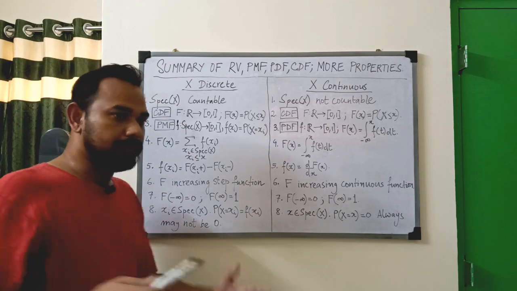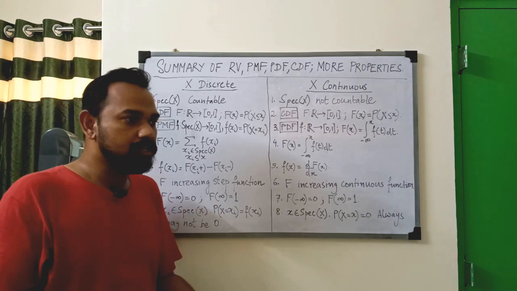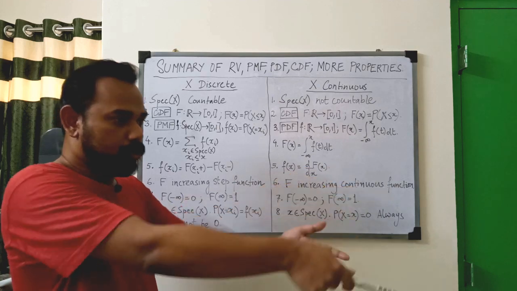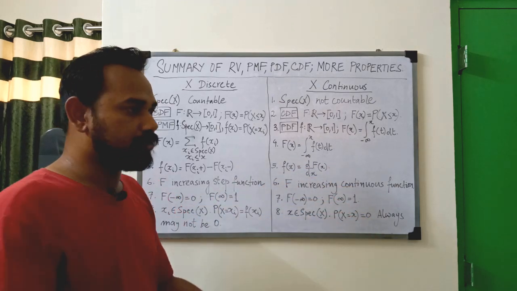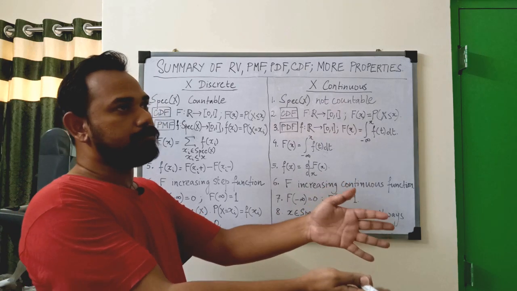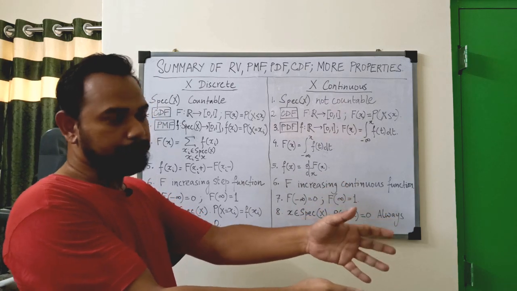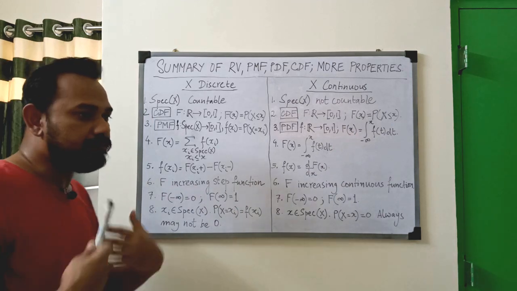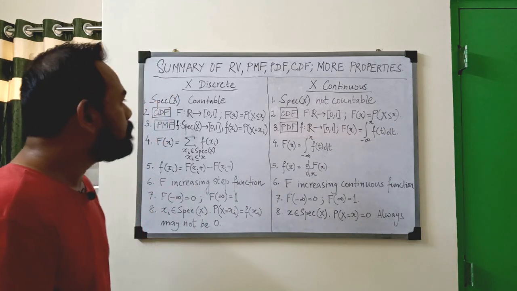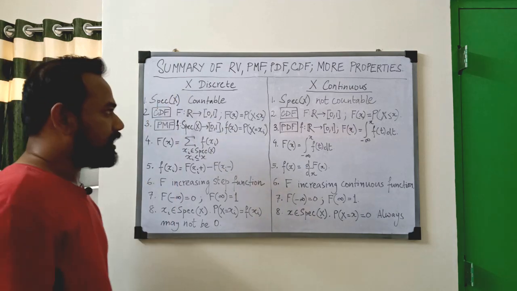For example, in the box containing 9 balls, the image set was 1, 2, and 3: 1 for the red balls, 2 for the white balls, and 3 for the black balls. So the image set really is a countable set, which is a subset of the real numbers. Because that was countable, the random variable assigning the numbers was called a discrete random variable.